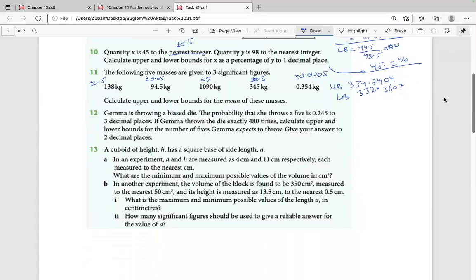Try question number 12. Is the question clear?